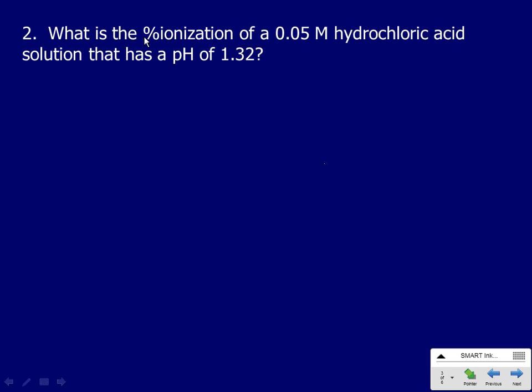In this case, we're asking for what is the percent ionization. So that's the equation I'm going to use last. I have the concentration of the acid, and I have the pH, which means I need the H3O plus so I can put it in the percent ionization. pH equals 1.32, and therefore the H3O plus is 10 to the negative 1.32.